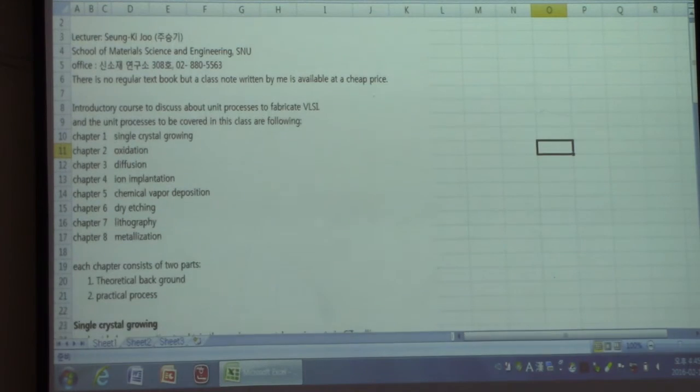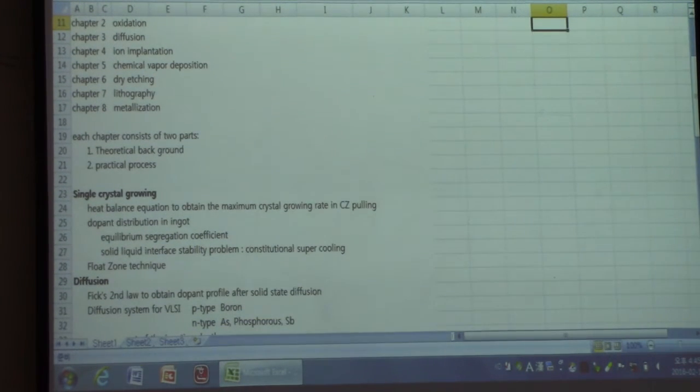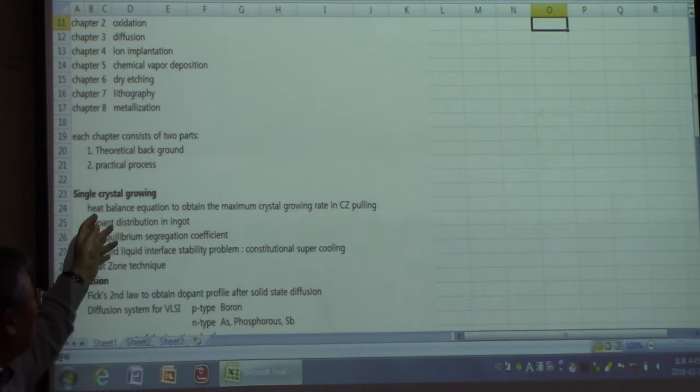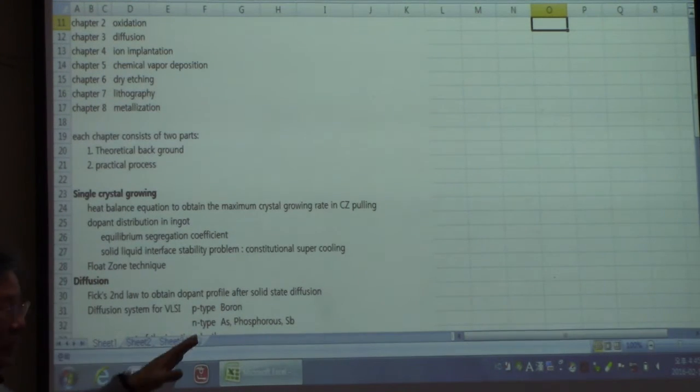the first half is about the theory for the process, and the latter half consists of the practical process, explaining the practical processes.